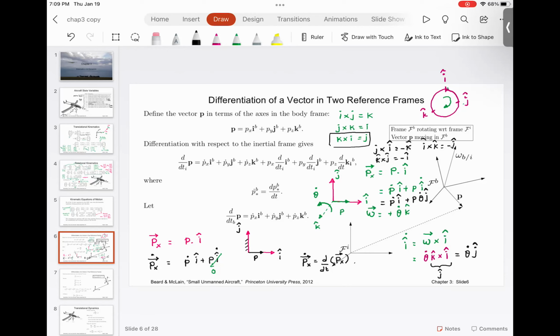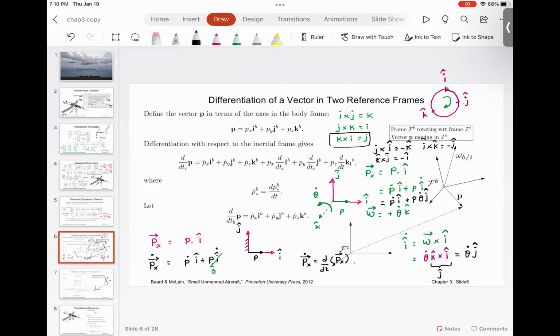Okay, multiply, cross I. And please note, we are taking a cross product, which means the order is very important. I cross j is not the same as j cross I. Order is very important. Now plus Px theta x dot I cross I is, what is I cross I? 0.